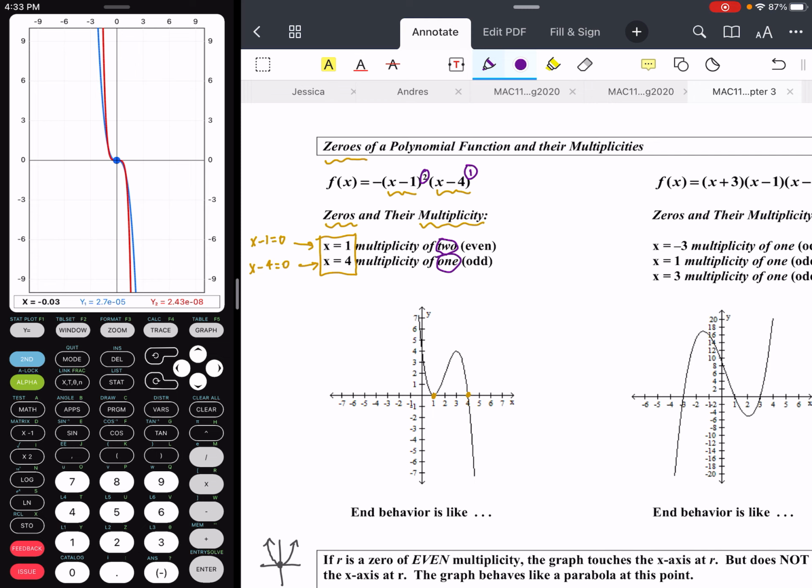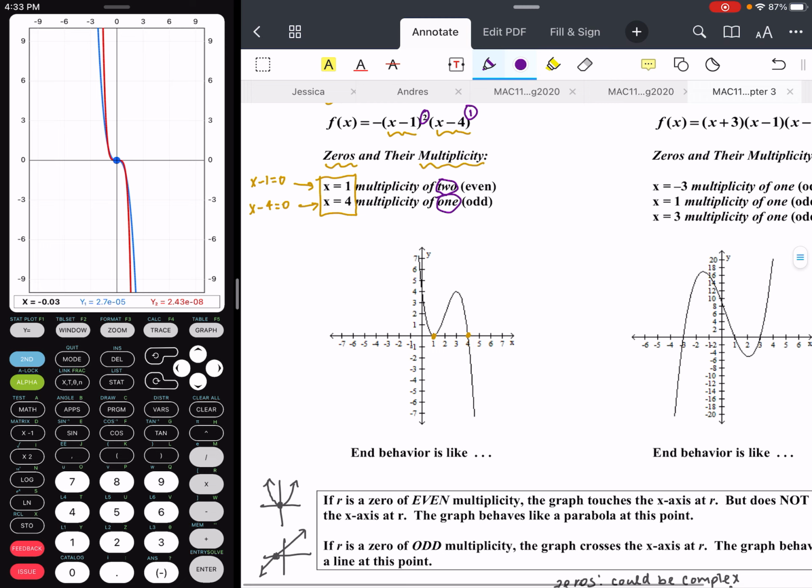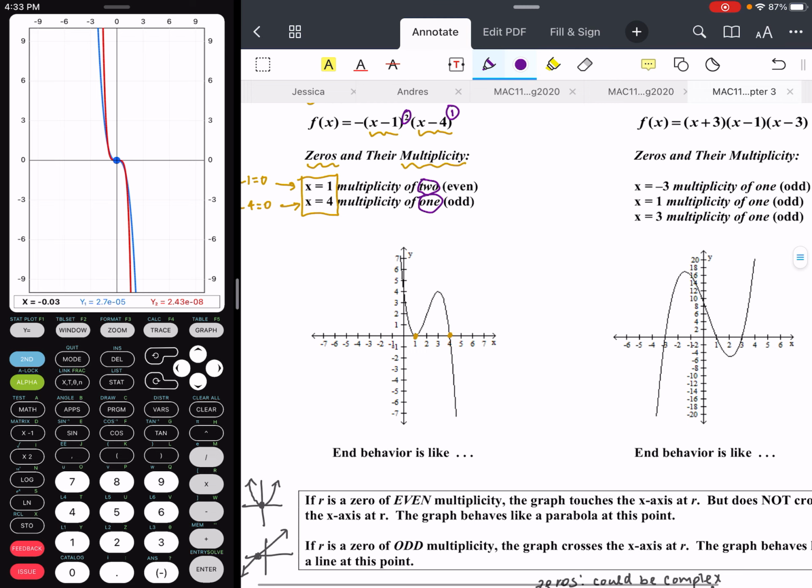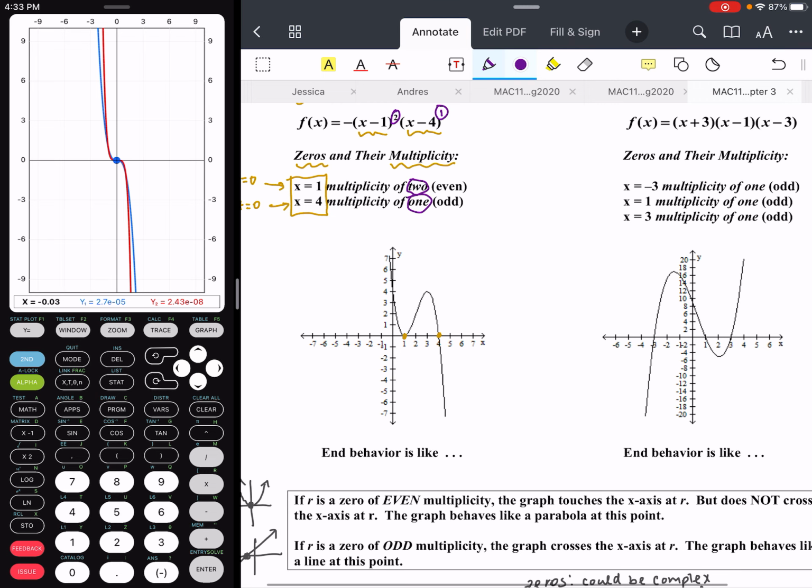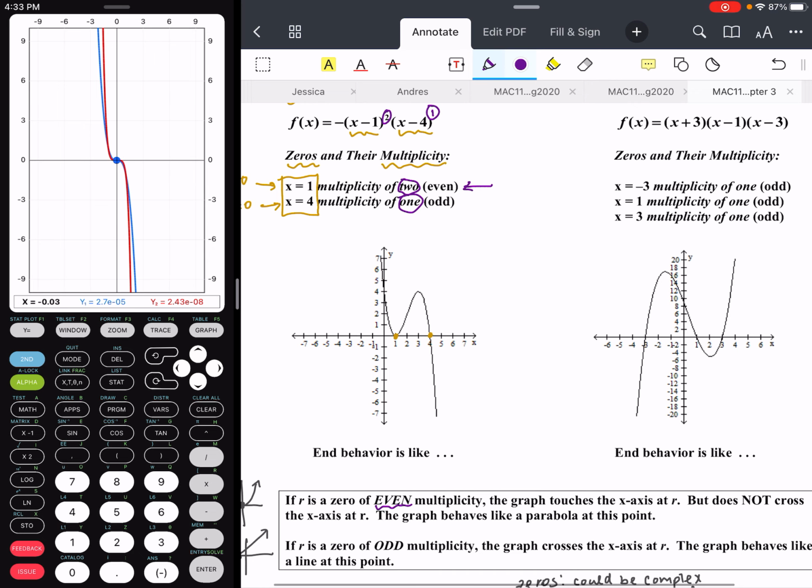Okay, so talking about multiplicities, why do we even care about these multiplicities? Down here in this box, it says if r is a 0 of even multiplicity, like this guy is, the graph touches the x-axis at r but does not cross the x-axis. The graph behaves like a parabola. Okay, so let's look at our x equals 1.